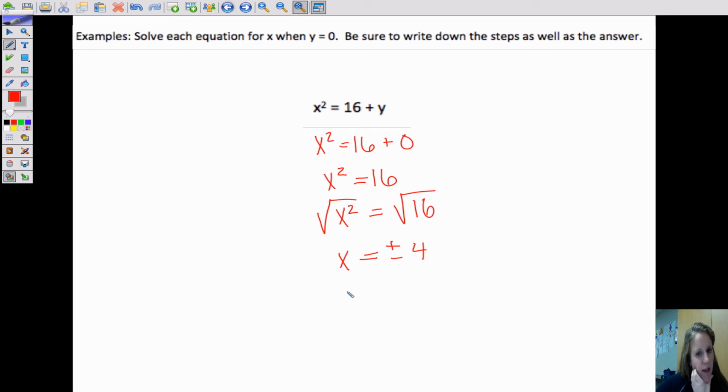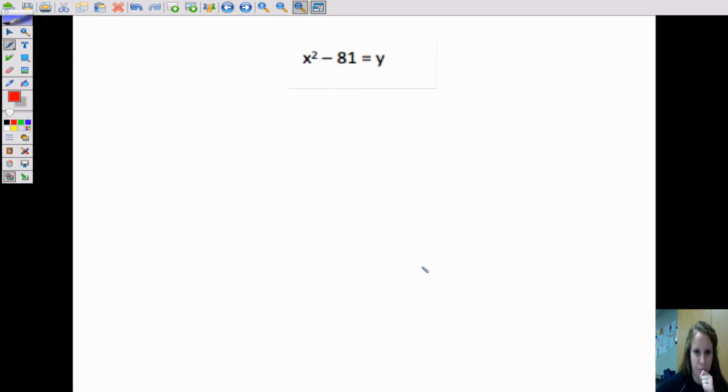What I'd like you to get in the habit of writing is x equals positive 4 and x equals negative 4, to remind yourself that you're always going to have two answers for quadratics. Not always, but almost always. Then here, if y is 0, then we'd have x squared minus 81 equals 0.